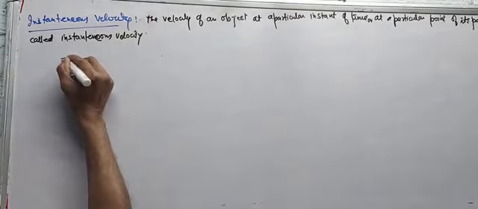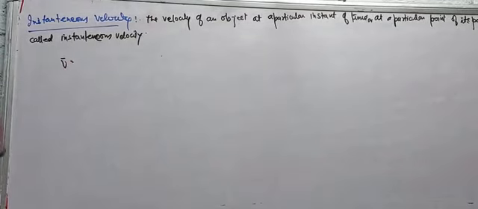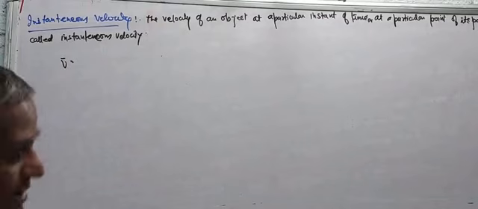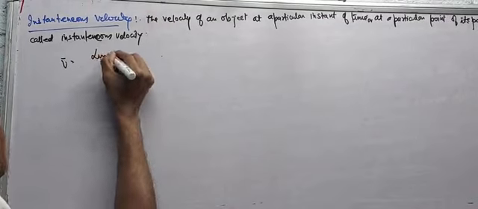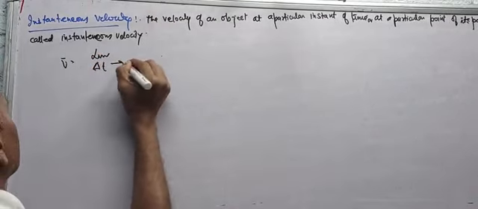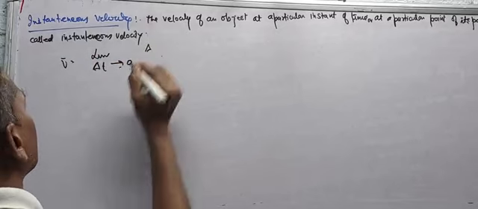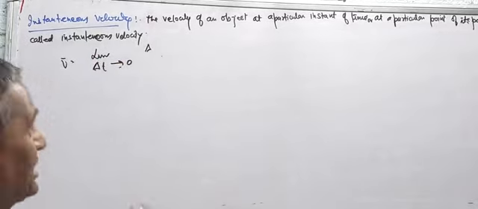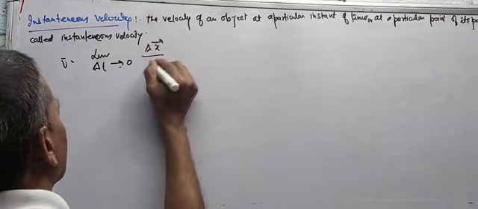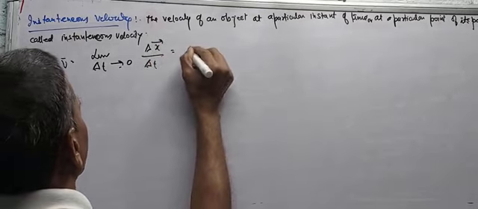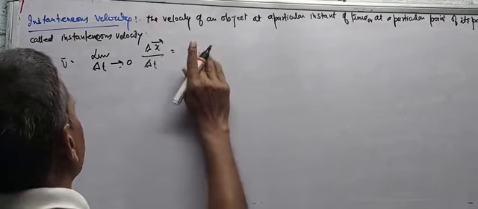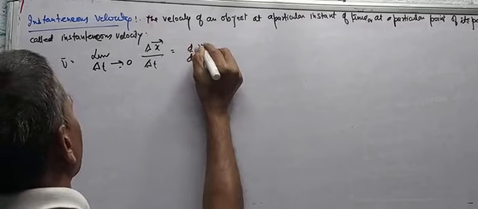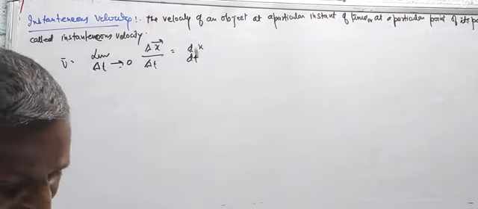Instantaneous velocity is represented by v bar, and it becomes limit delta t tends to 0 of delta vector x upon delta t, which becomes d/dt of x.